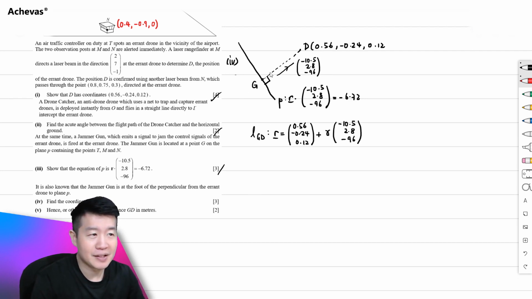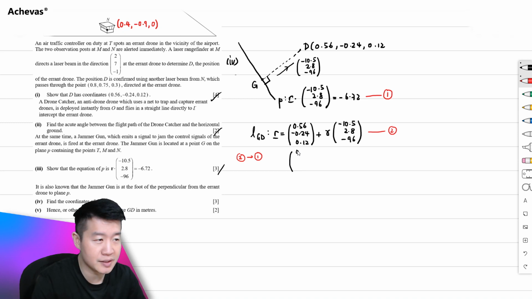And since the line that passes through GD will be intersecting the plane, I'm going to once again solve this as a pair of simultaneous equations. Looking at this as equation number 1, and this as equation number 2, I am going to sub equation number 2 into equation number 1.